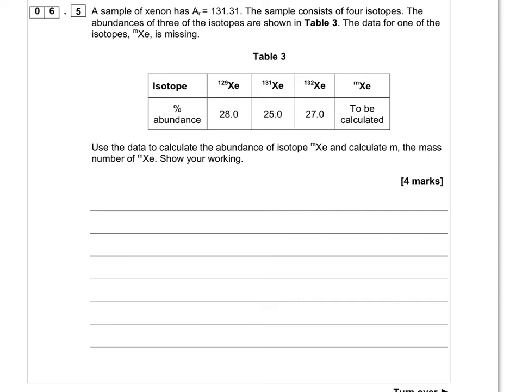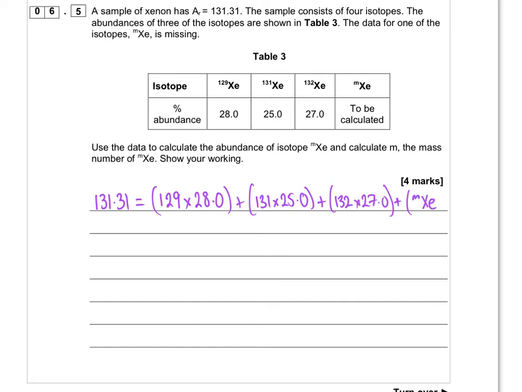Okay, so we know that the total relative atomic mass is 131.31. And that would be equal to the m/z value times the abundance for each isotope. Now the last one we don't know the value of. So we're going to call it M Xe.